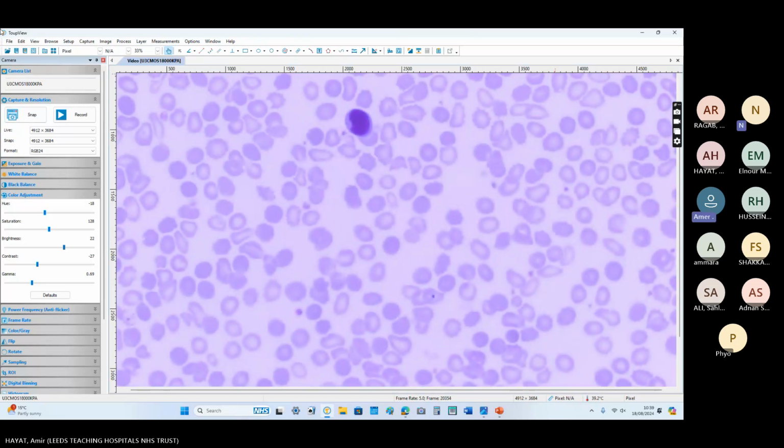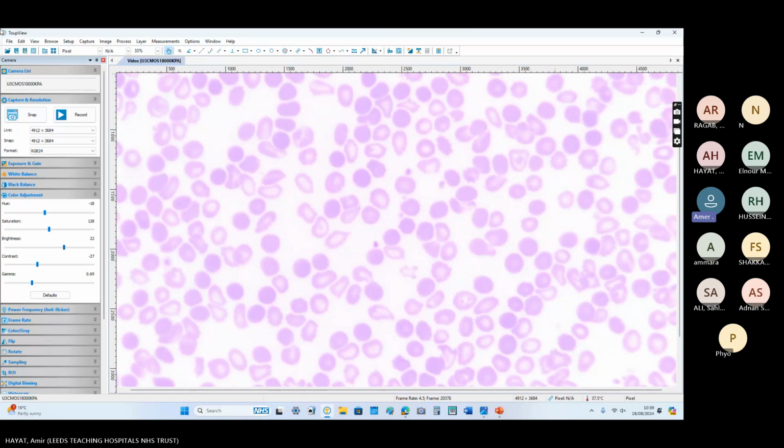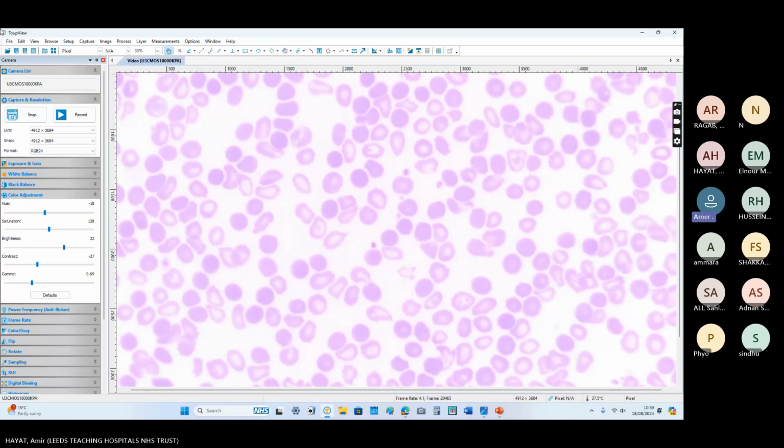In the exam, if the flow is given to you, then you have to say the flow is consistent with this diagnosis. If flow is not given to you, then you would say most likely this film is consistent with this diagnosis, and I need further investigations like flow cytometry or bone marrow biopsy if it is a leukemia to confirm the diagnosis.